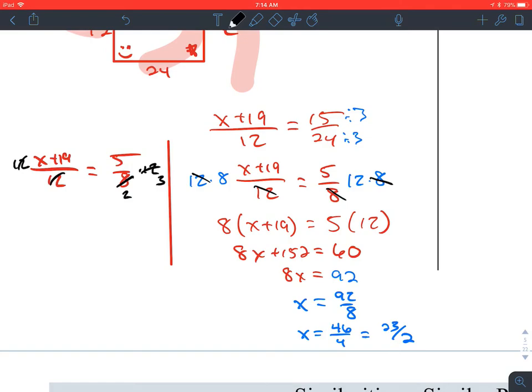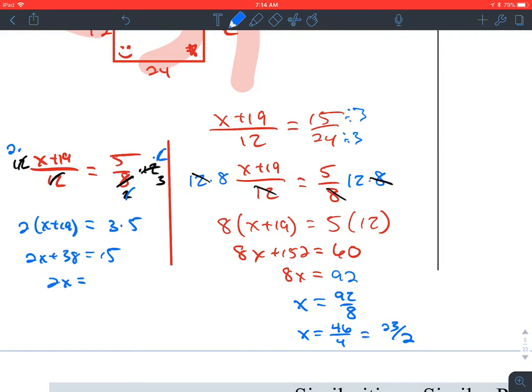Then I could multiply both sides by 2. On the right, the 2s cancel. That would end up giving me 2 times x plus 19 equals 3 times 5. It's going to be 2x plus 38 equals 15.